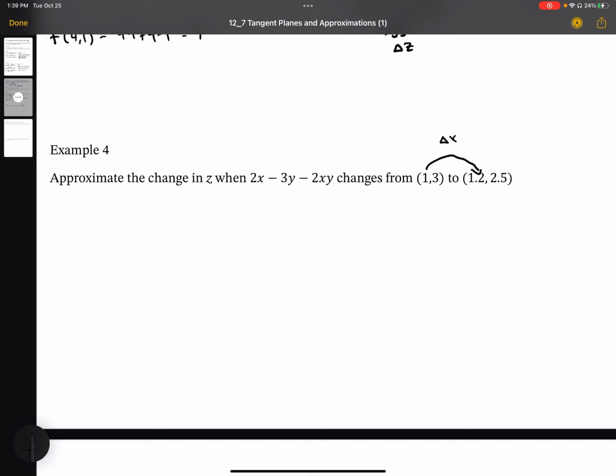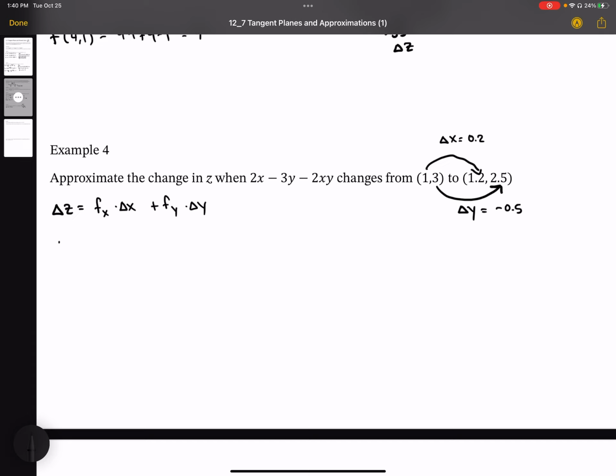Here, delta X is equal to 0.2, and then Y changes from 3 to 2.95, which means that delta Y is equal to negative 0.05. So what we know is delta Z is going to equal the partial derivative at X times delta X plus the partial derivative at Y evaluated at a point times delta Y.